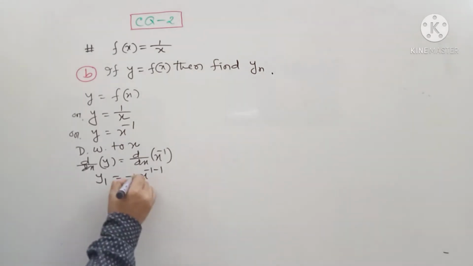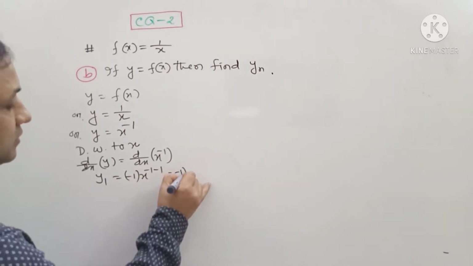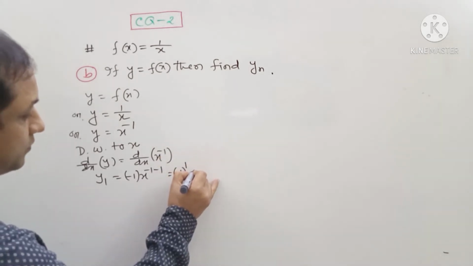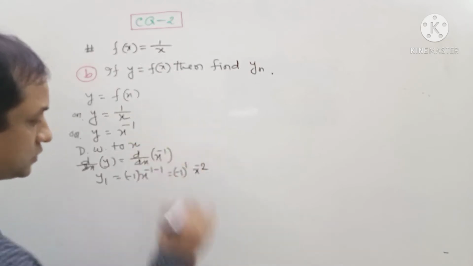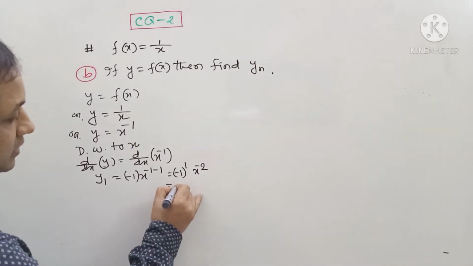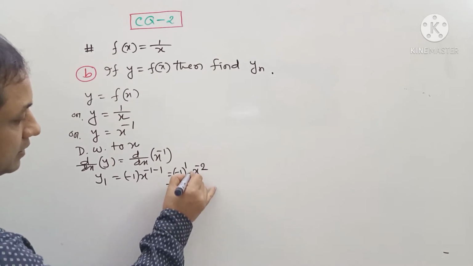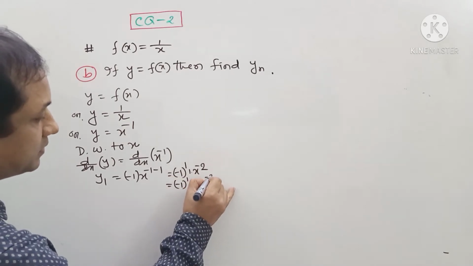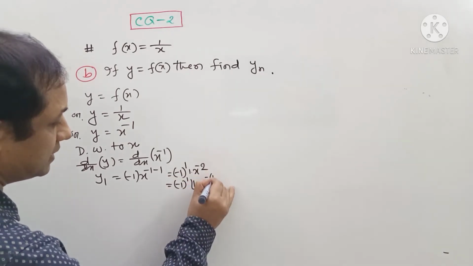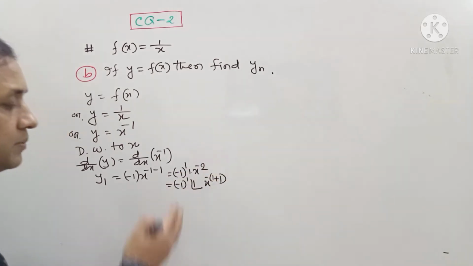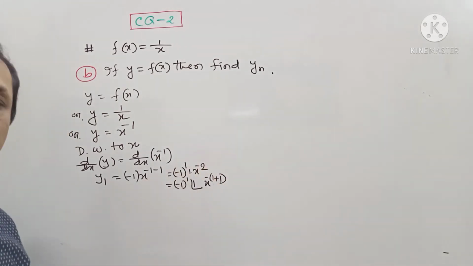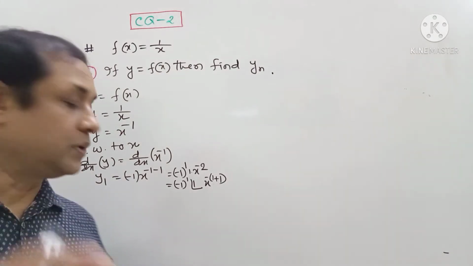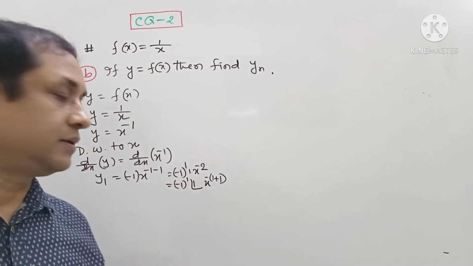So we can write minus 1 whole to the power 1 x to the power minus 2. So here minus 1 whole to the power 1 and here 1 is factorial 1, x to the power minus 1 plus 1. You have learned student factorial 1 equals 1. So we can write 1 equals factorial 1.